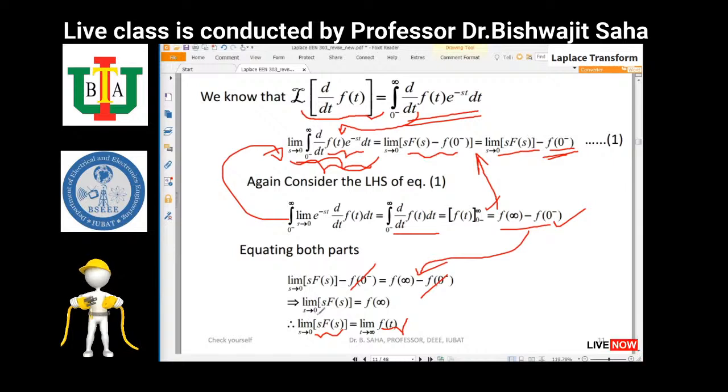Then limit s tends to 0 of s F of s equals to limit t tends to infinity f of t. We can write. Yes, sir. All right.